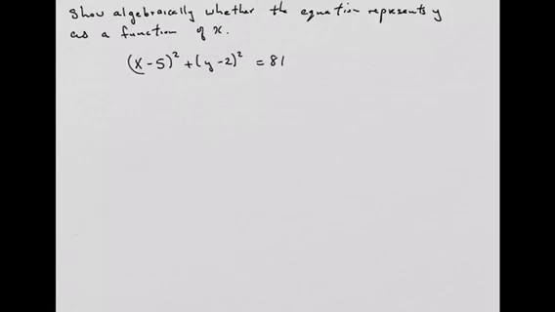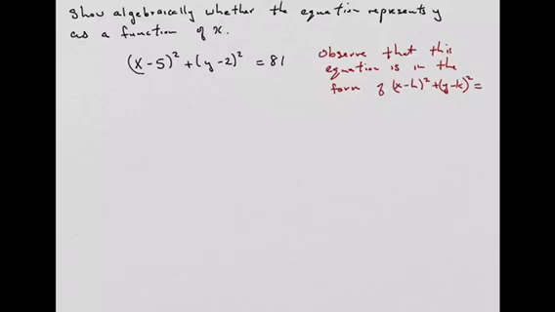Now if you notice, and if you are thinking, you will observe that this equation is in the form of x minus h squared plus y minus k squared equals r squared, and this is a circle, and we know circles are not functions of x.